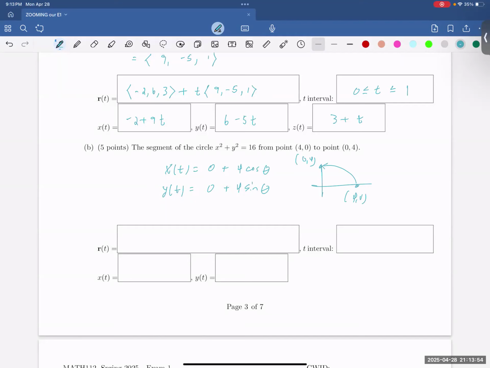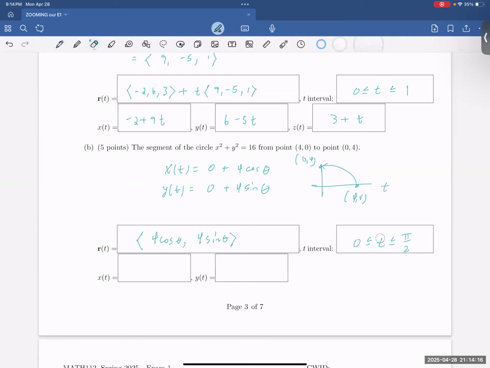So r of t would be the x piece, which is 4 cosine theta, y piece 4 sine theta. T interval goes from time 0 to pi halves. This is theta being, or time being 0.